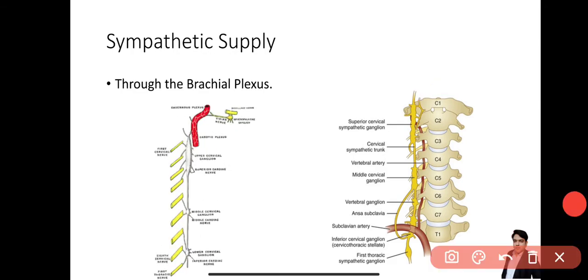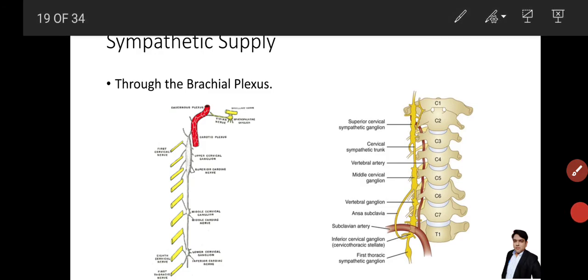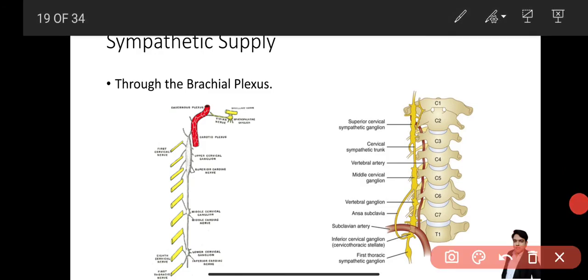like this. Here you can see these are the branches C5, C6, C7, C8 and T1. So this is the brachial plexus, and it takes contribution from, or it is attached to, this sympathetic chain, and through this brachial plexus sympathetic nerves enter into the upper limb.